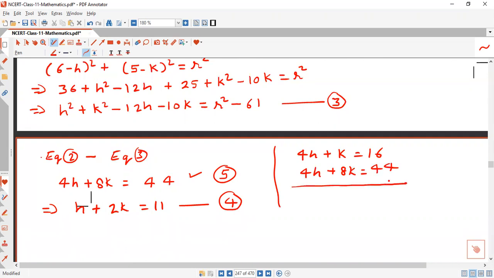Subtracting these two equations, 4h will cancel out. You are getting minus 7k equal to what?